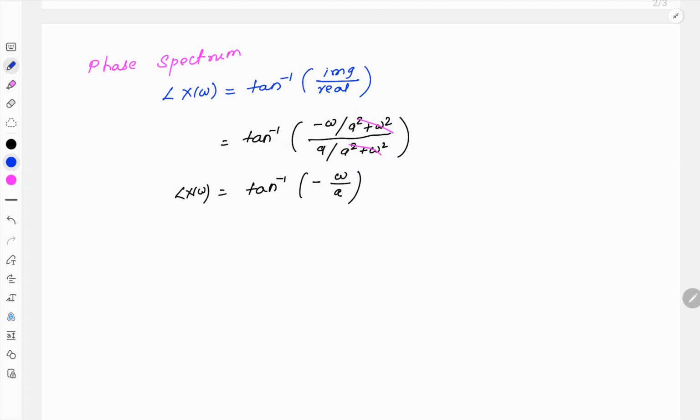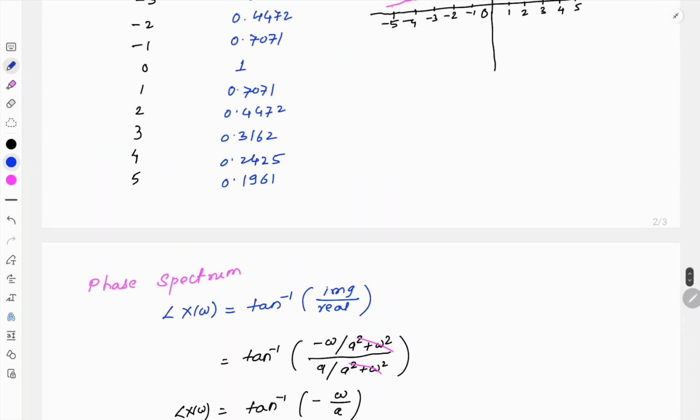So again we are supposed to prepare a table for different values of omega and tan inverse of minus omega by a. Again we are supposed to assume certain constant value of a. So instead of preparing a new table, let us mention these values in the previous table itself.